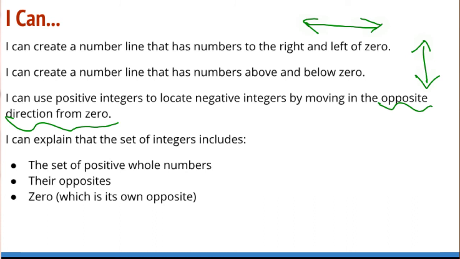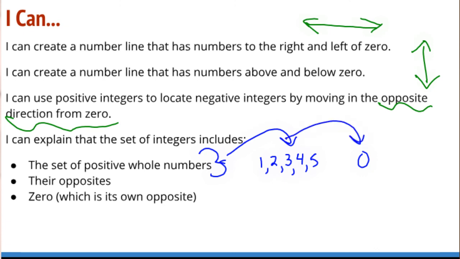And then we had an exploration of what is the set of integer numbers. We had the positive whole numbers, and the positive whole numbers included our counting numbers, 1, 2, 3, 4, 5, and they also included 0. So whole numbers are the counting numbers and 0.